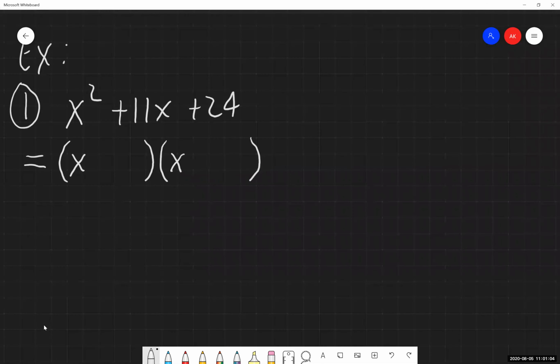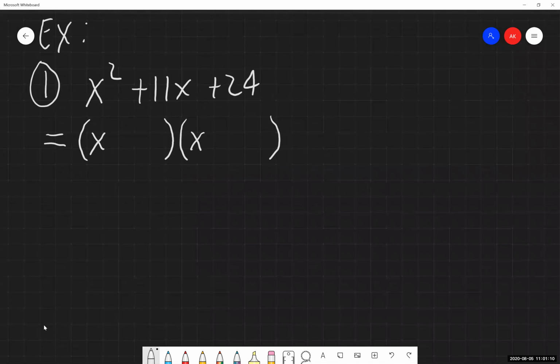Some of the things that people like to do, and I'm totally on board with this because it's very helpful, is list for themselves what is the b value and what is the c value of this polynomial. Well, our b value is 11, based on the general form that we're going to be working with here, and our c value is going to be 24.